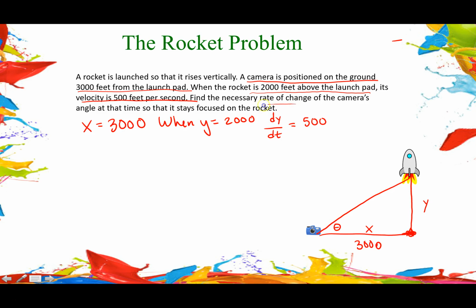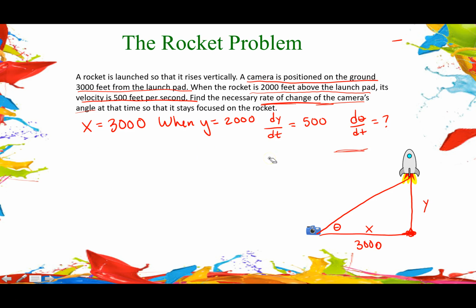Now we want to find the rate of change of the camera's angle, so we're actually looking for d theta/dt. We're trying to figure out at what rate our angle should go up to follow this rocket. So we want to use our dy/dt and this x and y value to find d theta/dt.